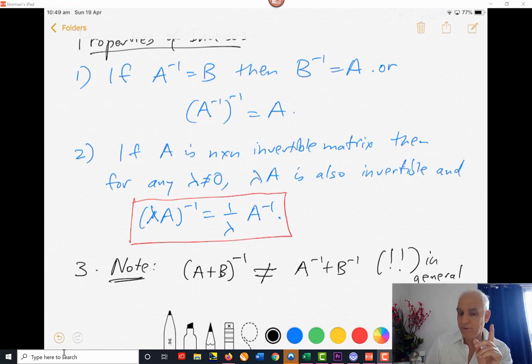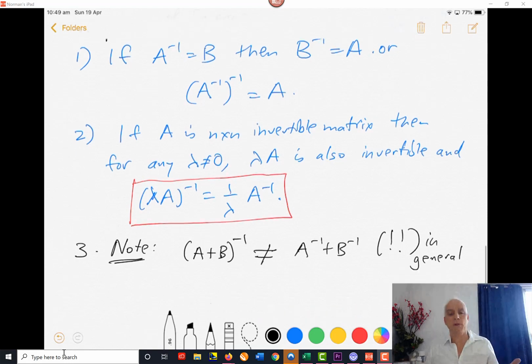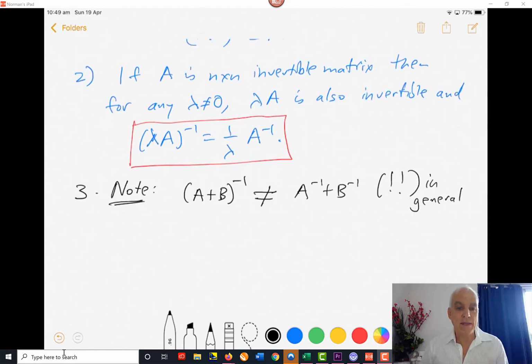Well, what about products? With ordinary numbers, if you take the reciprocal of AB, that's the same as the reciprocal of A times the reciprocal of B. Something happens like that, but we have to be a little bit careful, just the same way we were with transposes. So let's state it.